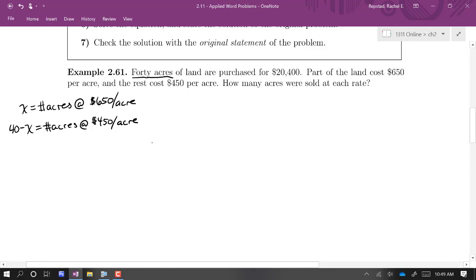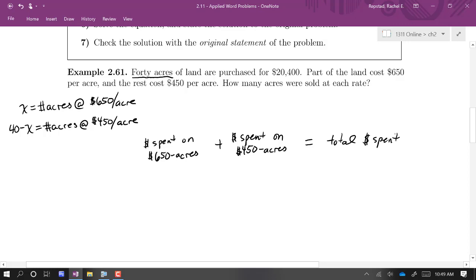So what I need is that the money spent on the $650 acres plus the money spent on the $450 acres has to add up to the total money spent.